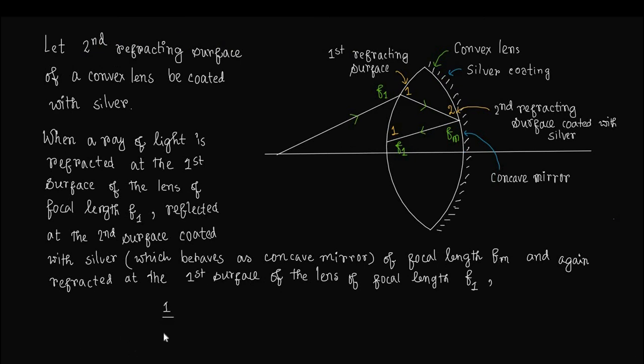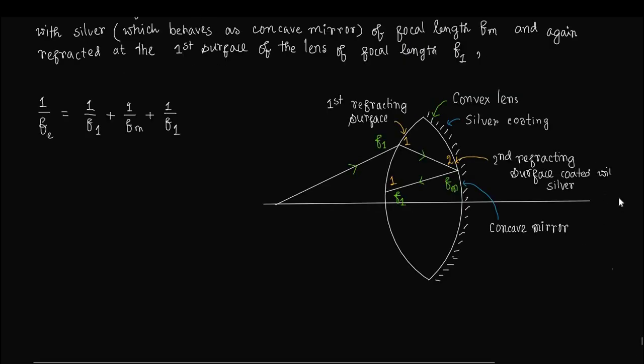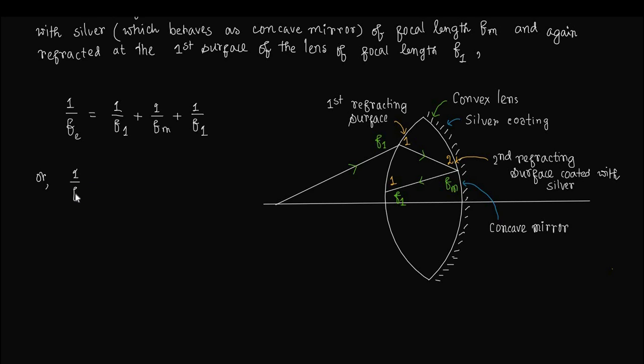reciprocal of equivalent focal length, that is 1 by fe, should be equal to 1 by f1 plus 1 by fm plus 1 by f1, or 1 by fe, that is reciprocal of equivalent focal length of the convex lens with one of its surfaces coated with silver, is equal to 2 by f1 plus 1 by fm.